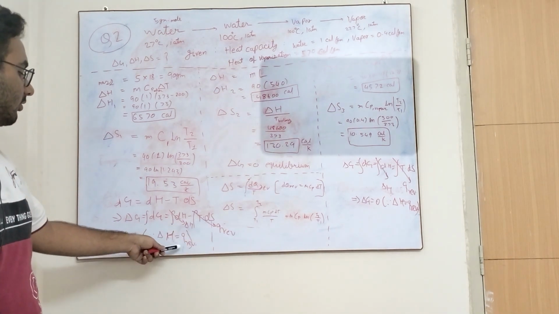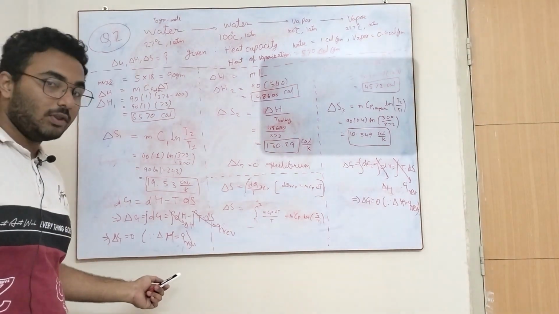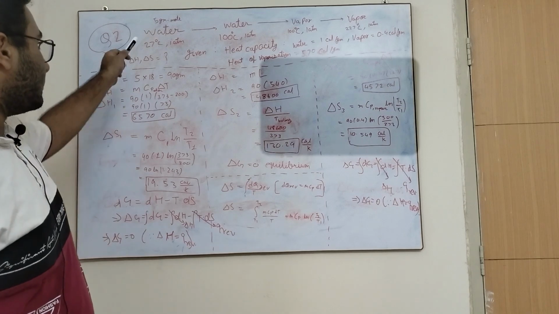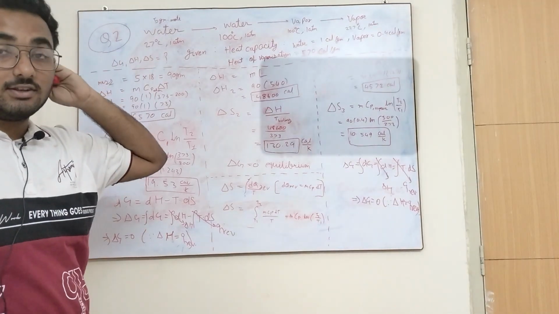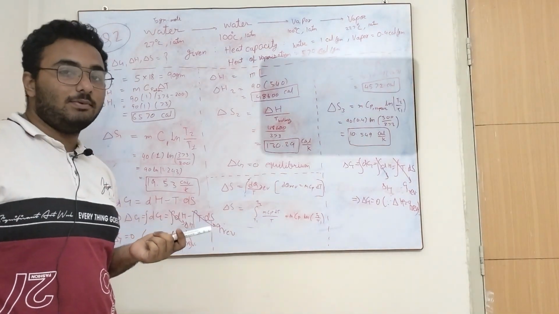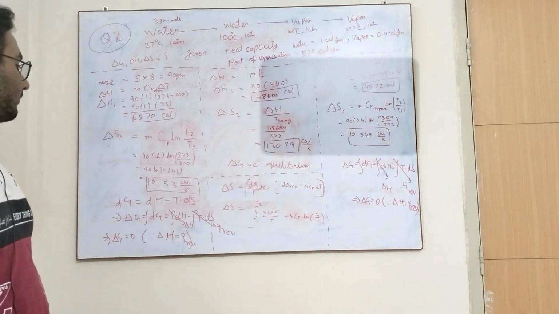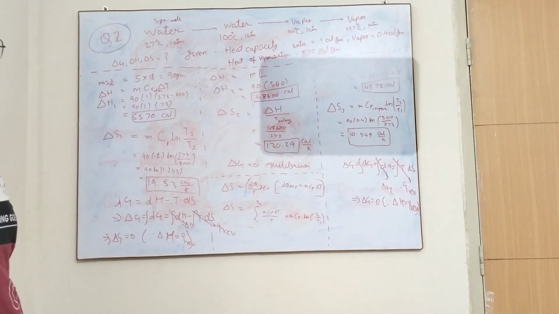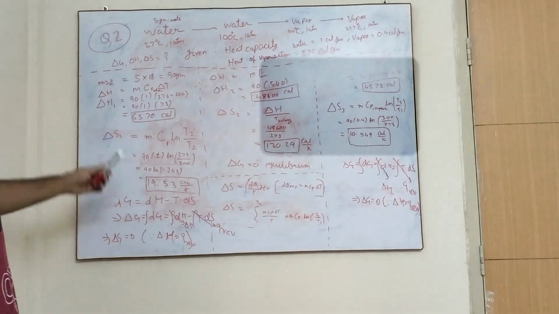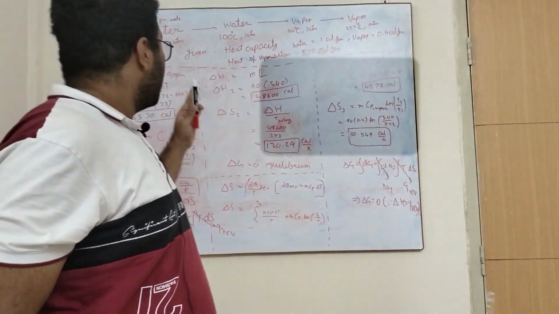Since Q reversible is equal to delta H, delta G would be 0. So for the first step, when the water is going from 27 degrees Celsius to 100 degrees Celsius, the delta G value will be 0. The delta S would be 19.53 calorie per Kelvin, and 6570 is the value of delta H.